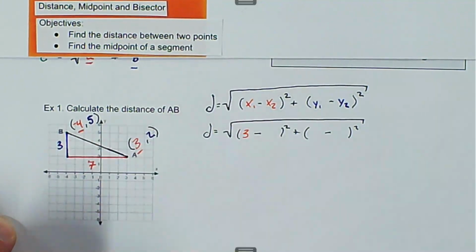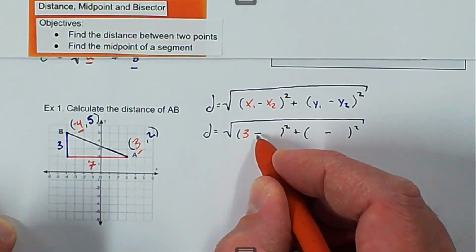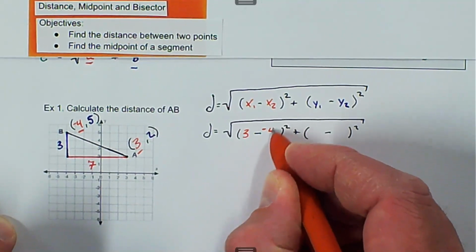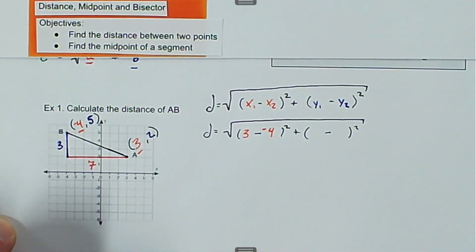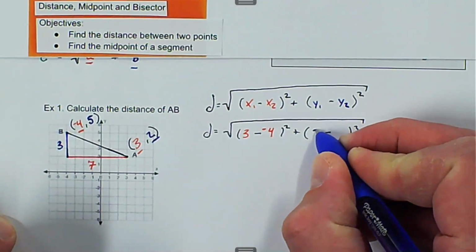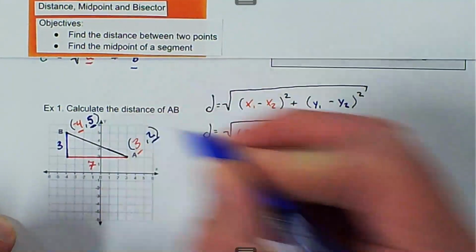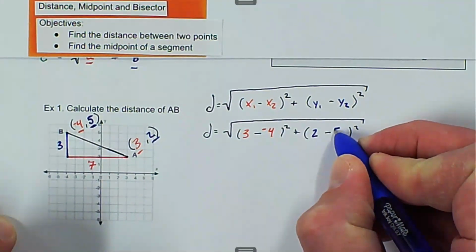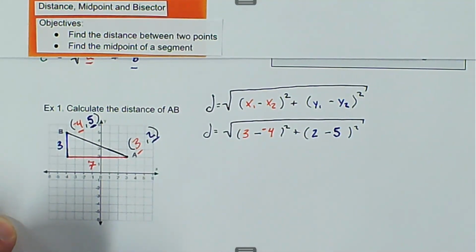X sub 2 is negative 4, and this is a great example where the negative already is there, so I have to add the whole thing, which is negative 4. Next we have our y value, which is y sub 1, which is 2, and y sub 2, which is 5. Okay, now we just have to do the math inside these parentheses.